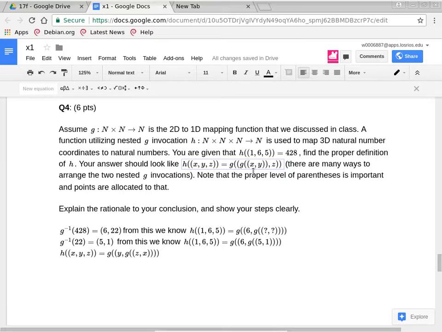Because you can also interpret this question as x, y, z is in this order, but G is nested differently. So which one was the right one? Is it parenthesis x, y, parenthesis, comma, z? Is that the correct grouping? This is the correct grouping for this particular one, but there are 2 versions of this question.